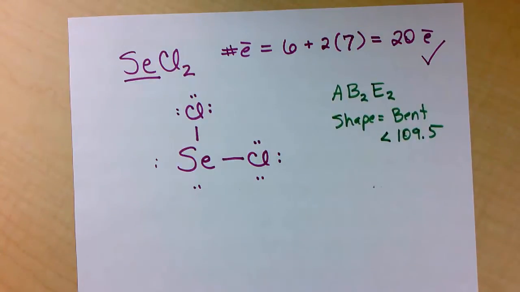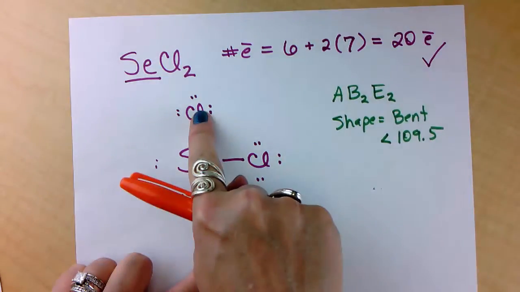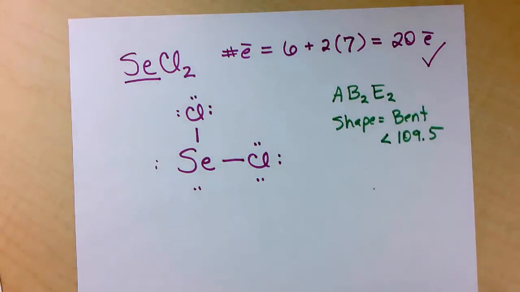Now let's look at the polarity. We've already talked about polar and nonpolar bonds in a video, which I hope you've already watched. If you hadn't, you really need to watch that first. So let's look at the bonds we have in this molecule. We have Se to Cl bonds.